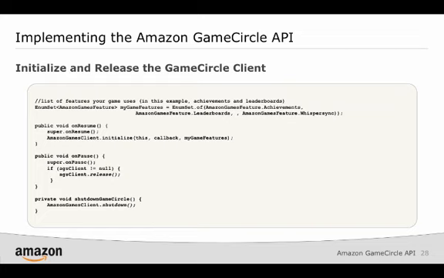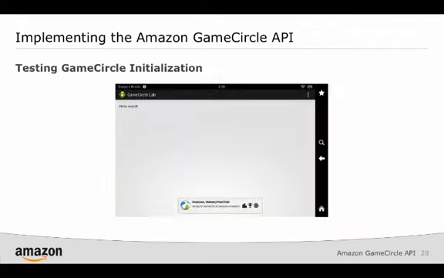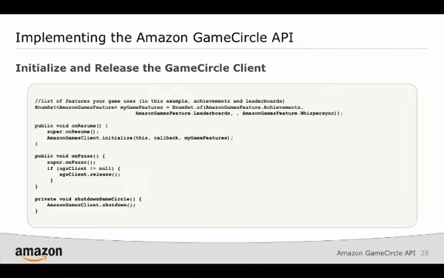Your game should initialize the GameCircle client during onResume, passing the current activity for context, a callback function to handle initialization result codes, and an enum of the GameCircle features you intend to use in your game. Your customers see a list of GameCircle features in the welcome message when your game starts, and in your game's sign-in page. To avoid confusion, show only the features you actually support.